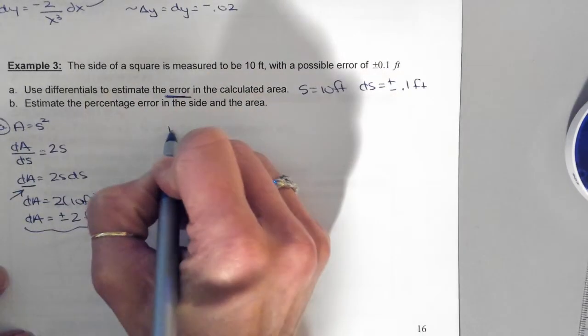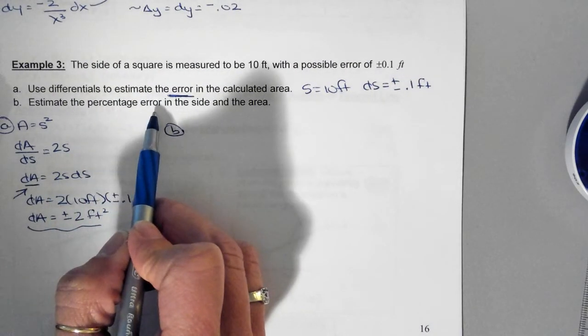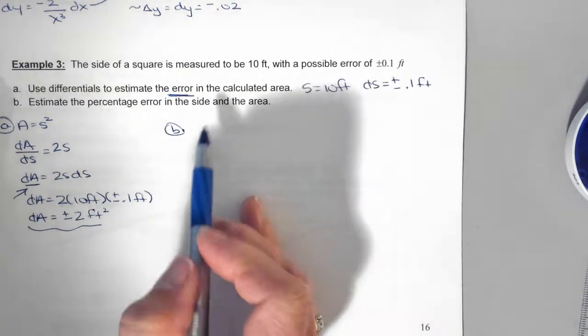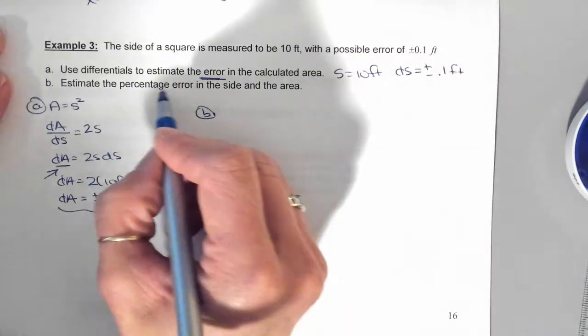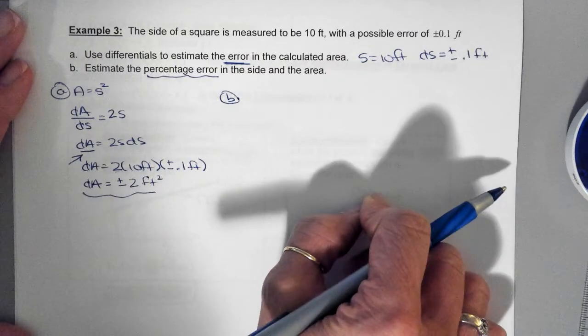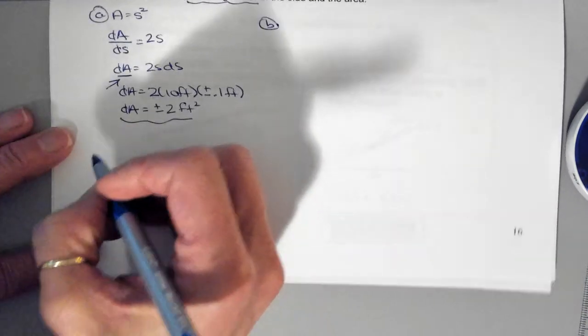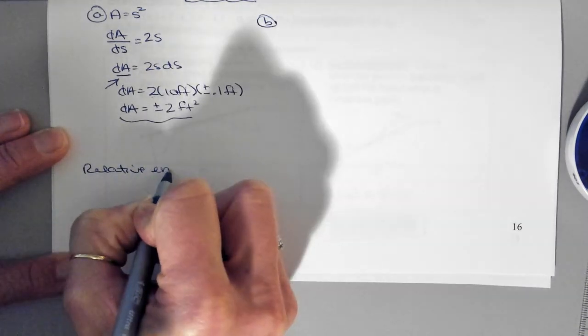All right, let's take a look at this last question. We want to estimate the percentage error in the side and the area. So this is a two-part question. And what you need for the percentage error, this is also known as relative error. If you don't know how to calculate that, I'm going to write it right here, because this is kind of important.